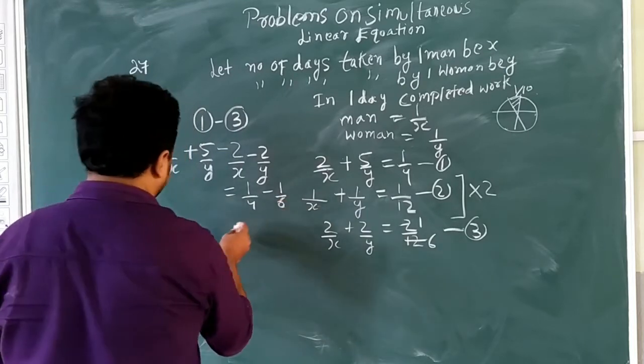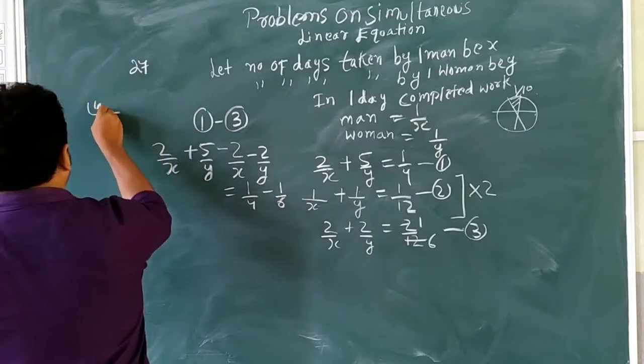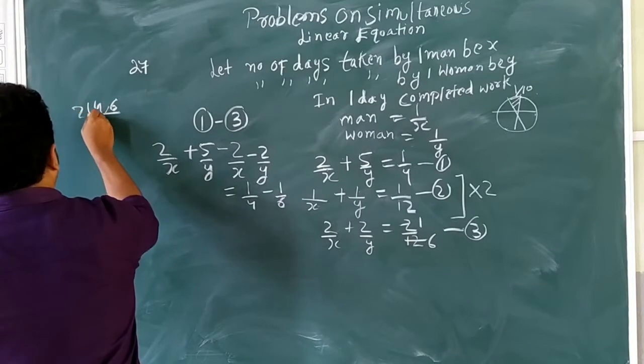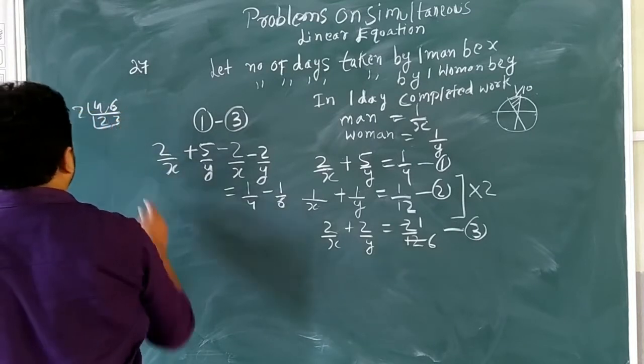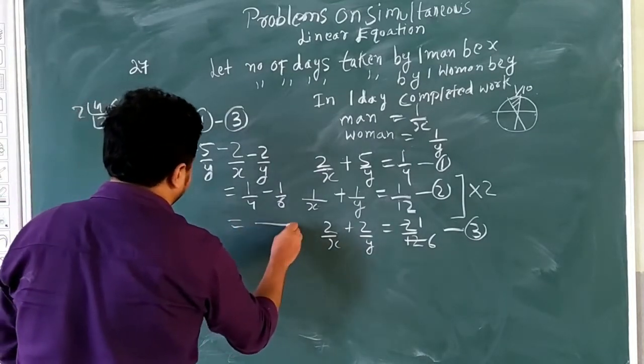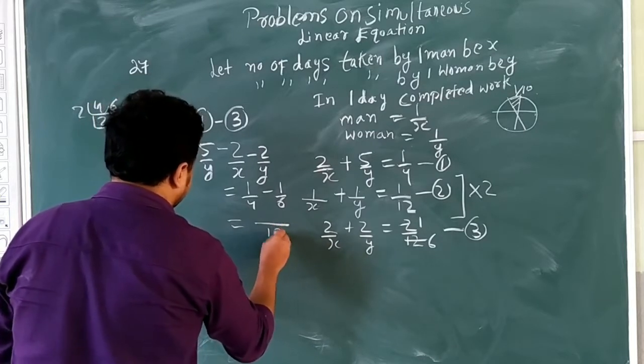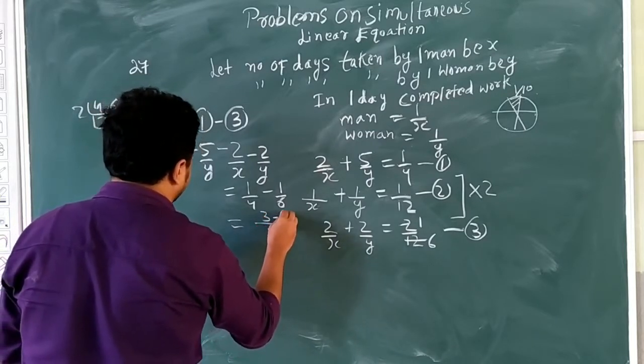Taking the LCM of 4 and 6, which is 12, it will be 3 minus 2 over 12.